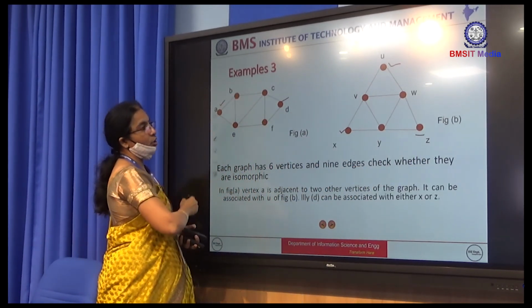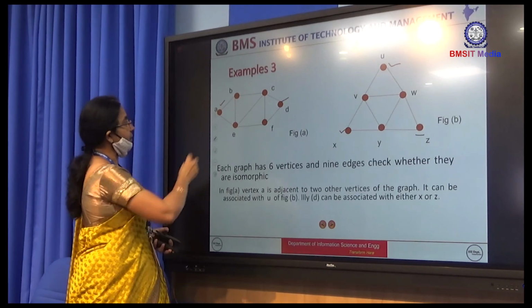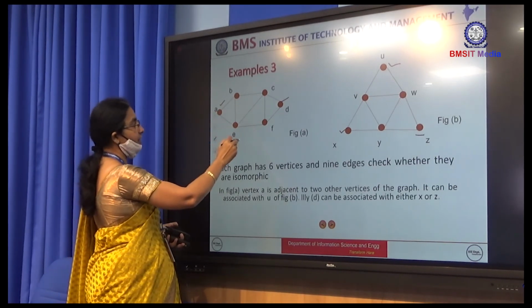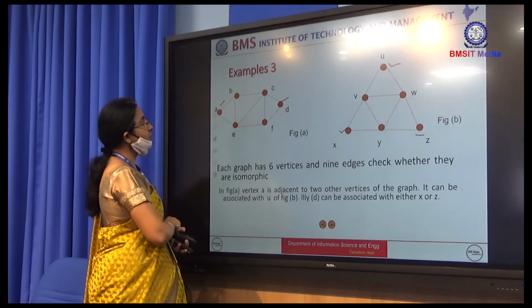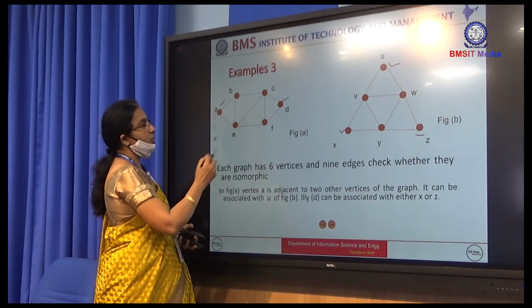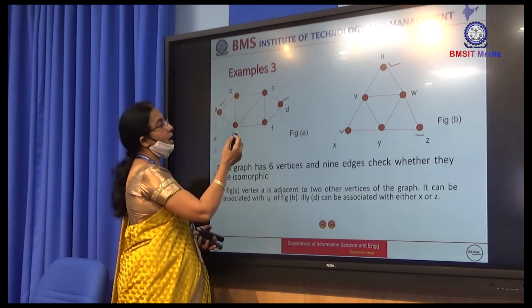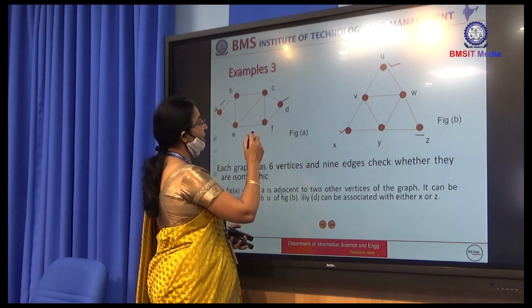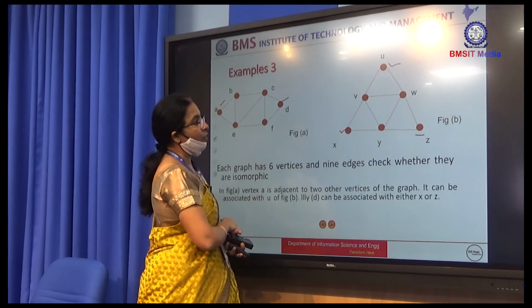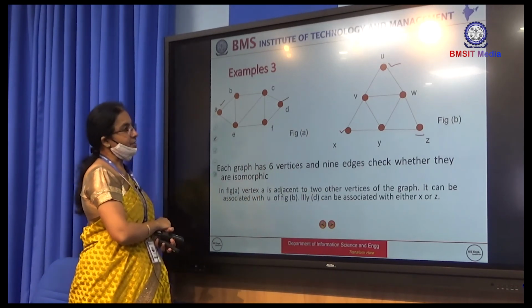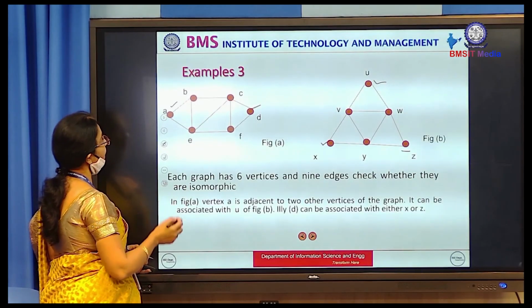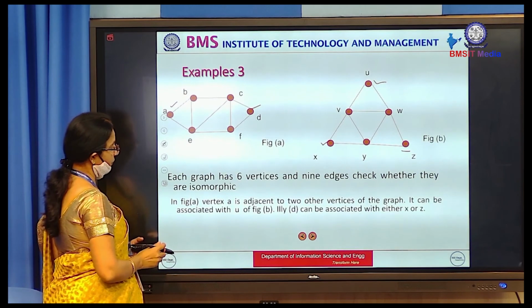So here I cannot map it in figure A to any of the vertices. Though it has the same number of vertices and the same number of edges, the degree is not matching for all the vertices. So these two graphs are not isomorphic.